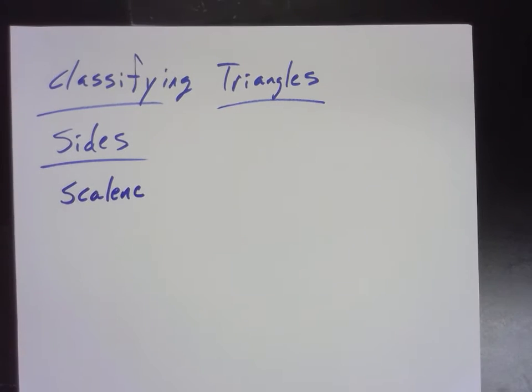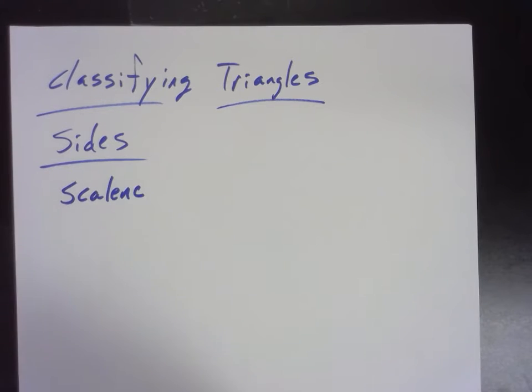Does it mean that the triangle has scales like a lizard? Close. It's when none of the sides are the same length. When all three sides are different lengths, we call it a scalene triangle. So that's pretty easy to do.